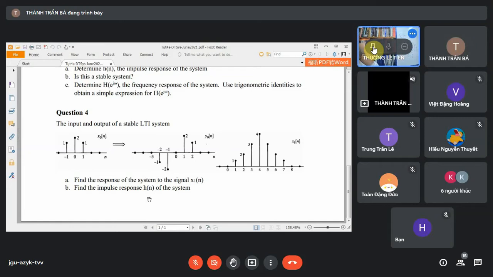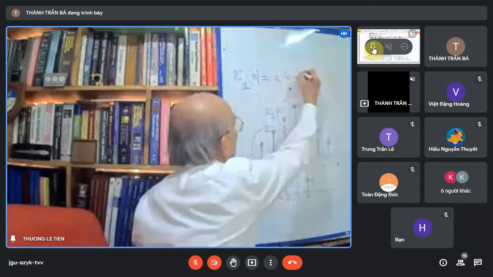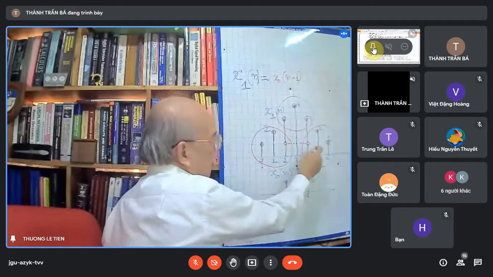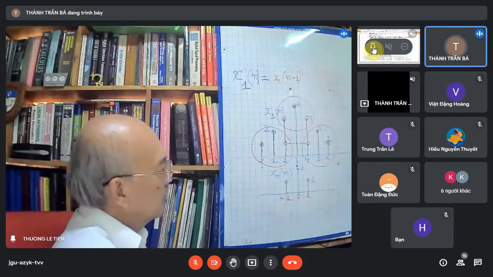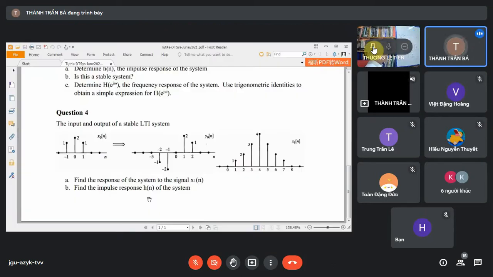Delay by 1? Okay. When we shift it to the left... to the right, sir, sorry, to the right hand side, right? Yes, this is a shift to the right. When we shift it to the right hand side, we get this one, which should be x0[n minus 1]. Okay? How about this? It is shifted to the right by 5, n minus 5.